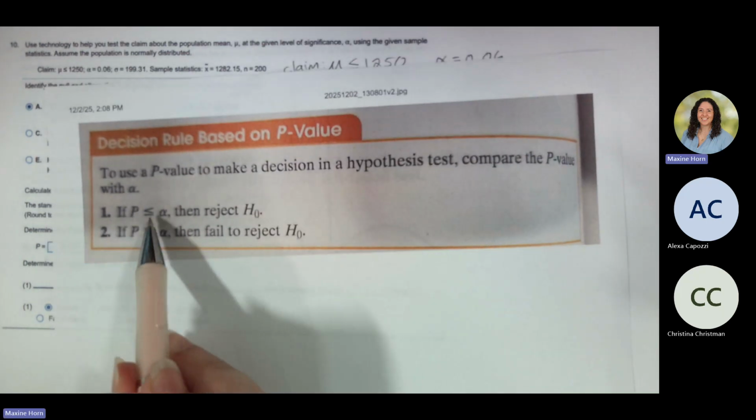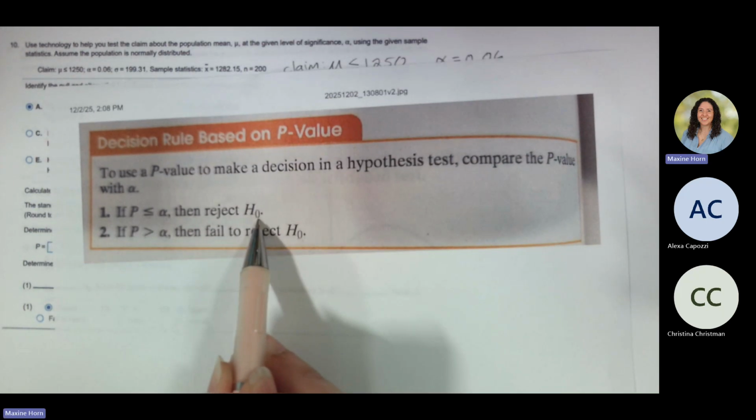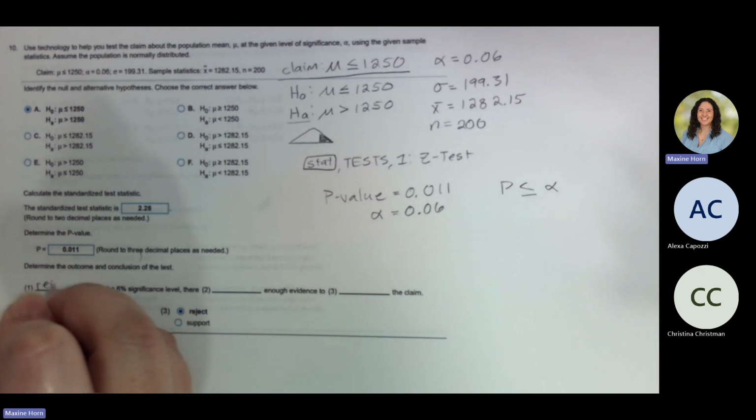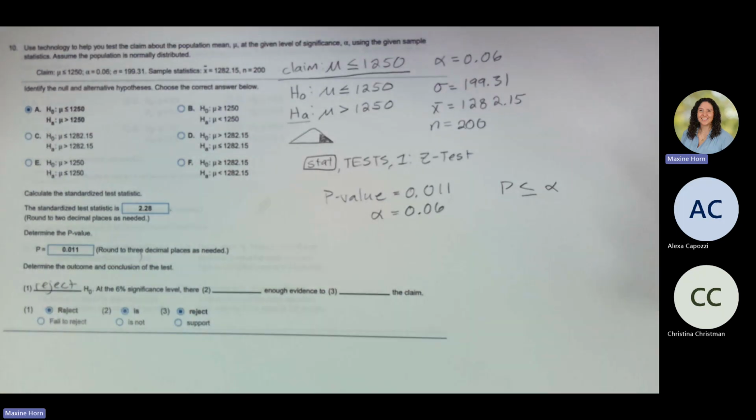If my p-value is less than or equal to my alpha, I'm going to reject my null hypothesis. Okay, so I'm going to say, all right, I reject the null. Reject the null. Right, so when we're at the end here, when we're talking about, okay, what's the conclusion of the test?